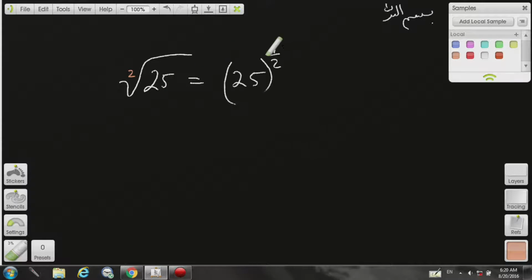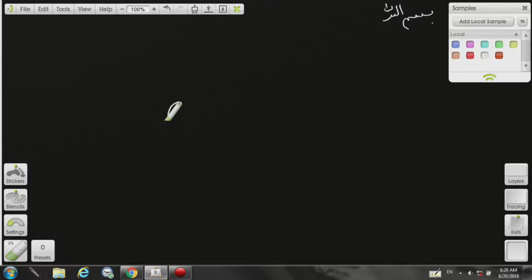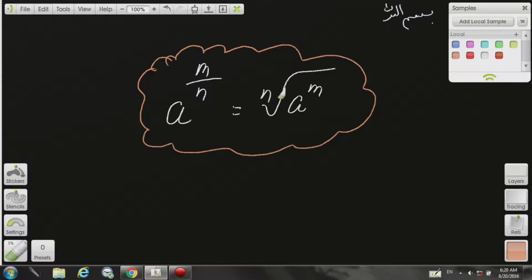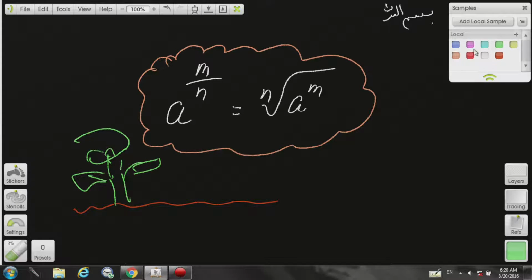Now, in general, we can say this: a to the power of m over n is the nth root of a to the m. This is the key concept here that you have to appreciate. The way I remember is, if you can imagine this is soil and this is a tree, what's on the bottom are the roots.